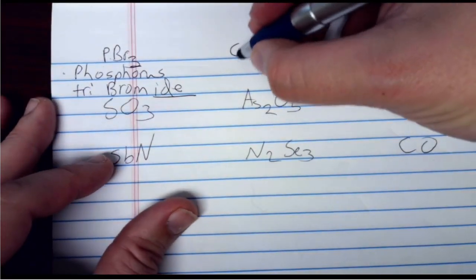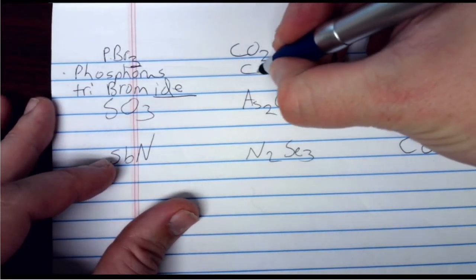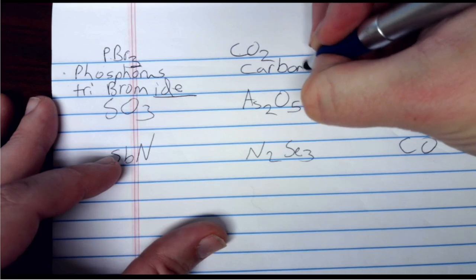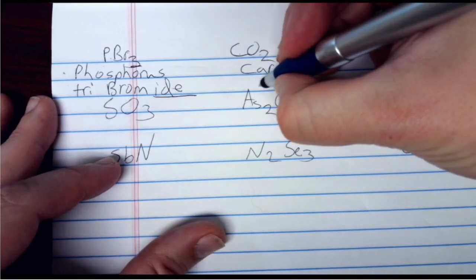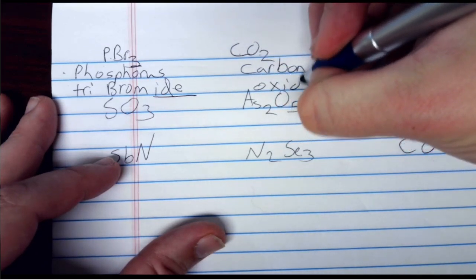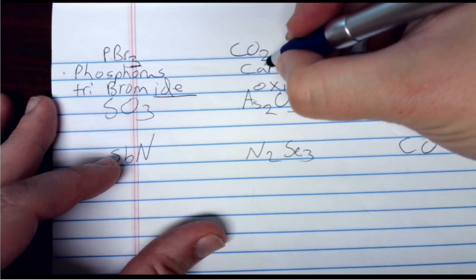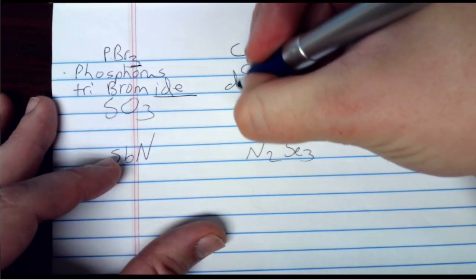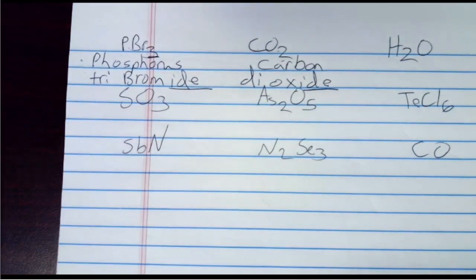Seen this before. C is carbon. O is oxygen, so it becomes oxide. And there's 2, so we call it carbon dioxide, the basic gas we exhale when we breathe.